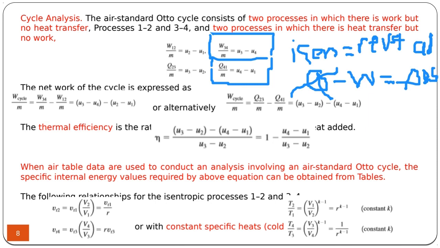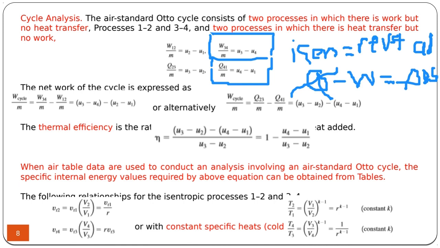The net work of the cycle is the work during the expansion minus work during the compression, because during the compression we have to add work into the system. During the expansion, the system does work on the surroundings.